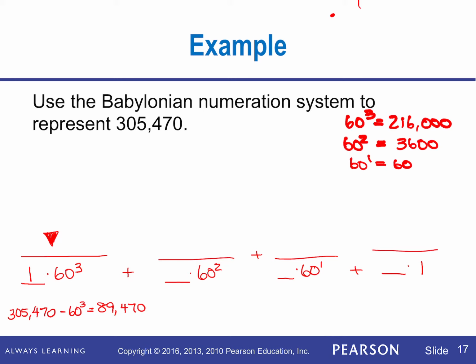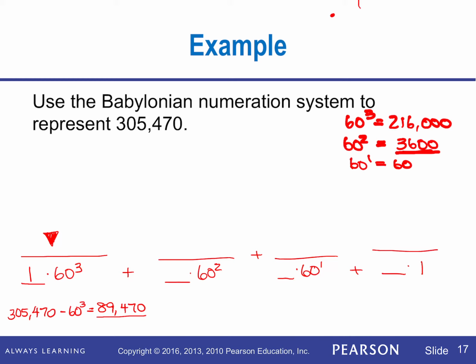All right, now I've got 89,470 left. How many times does 60 squared go into that? So you could pull out your calculator and divide 89,470 by 60 squared. And what you'll get is 24.8 something. What that means is that I can multiply 3,600 by 24 and still remain below 89,470.